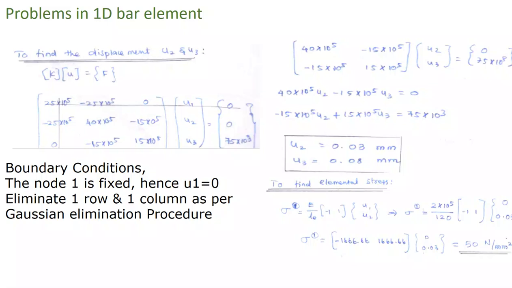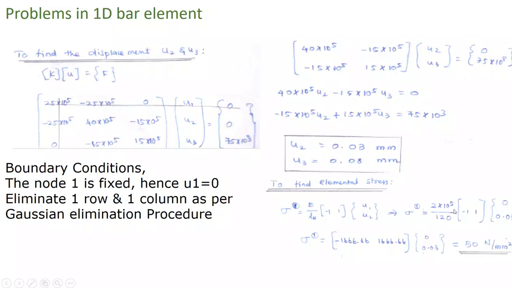Next we want to find the secondary unknown variables. To find the stress values, stress is strain into Young's modulus, or otherwise E divided by L, times minus 1, 1, times u1, u2, because element 1 has displacements u1 and u2, node 1 and node 2.